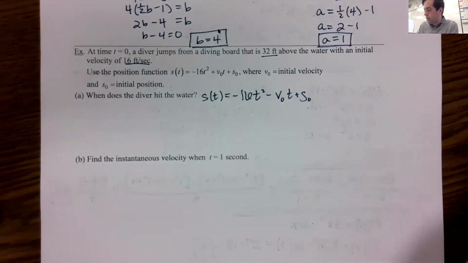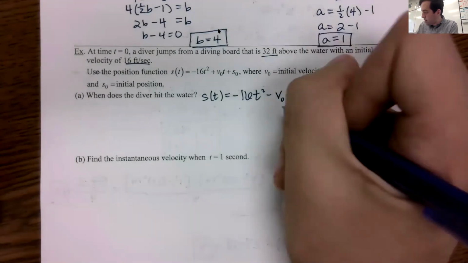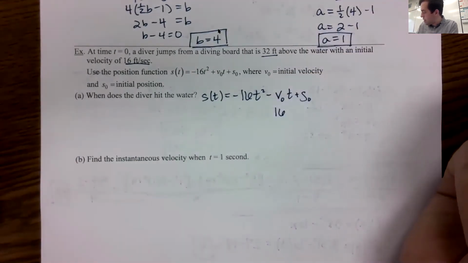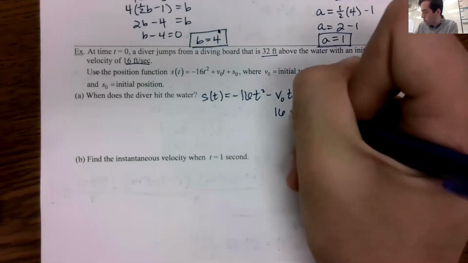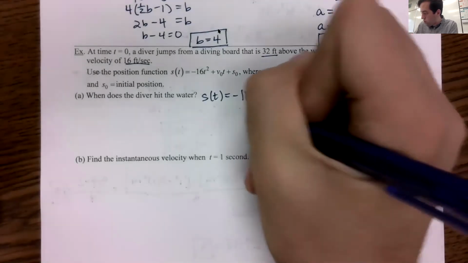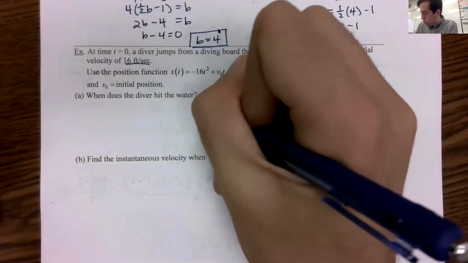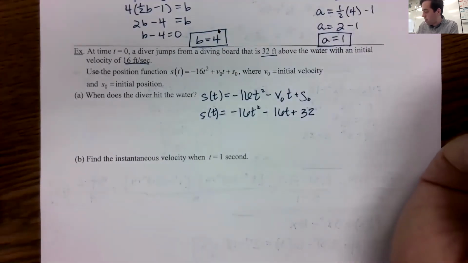So I'm going to plug that in. So we have a v naught, initial velocity, of 16 and an s naught, an initial position, of 32. And we want to know, when does the diver hit the water?